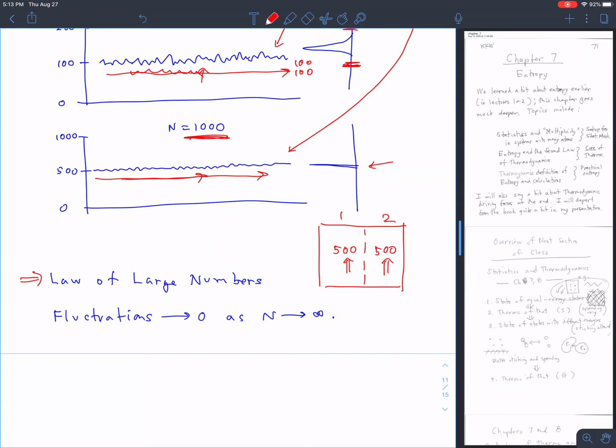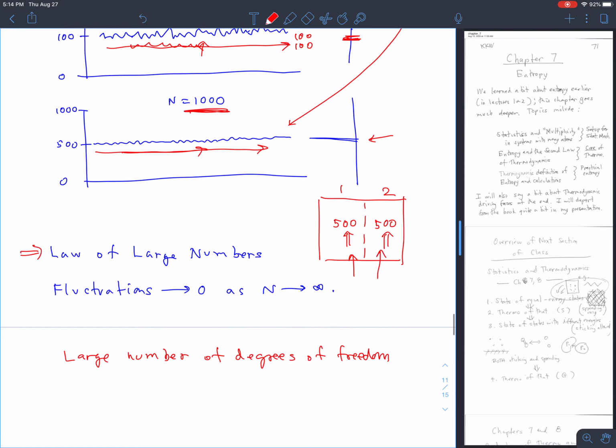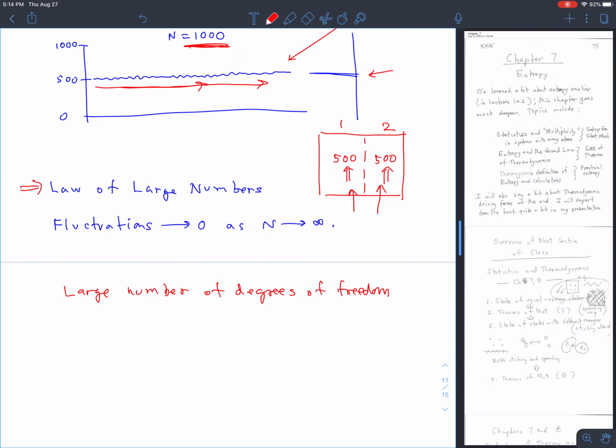And the bottom line conclusion is that when you have a large number of degrees of freedom, the observable properties of the system, in this case the number of molecules on each side of the box, is locked by statistics alone.